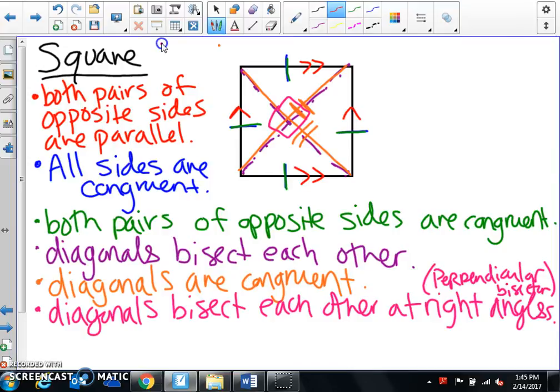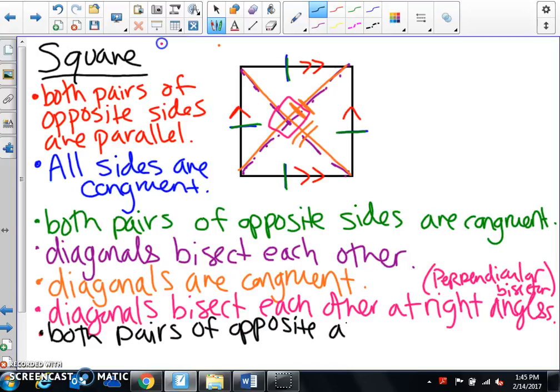The next thing is that both pairs of opposite angles are congruent. I'm going to go ahead and write the next thing that goes with that, because I hope that we all know about squares, all right angles.